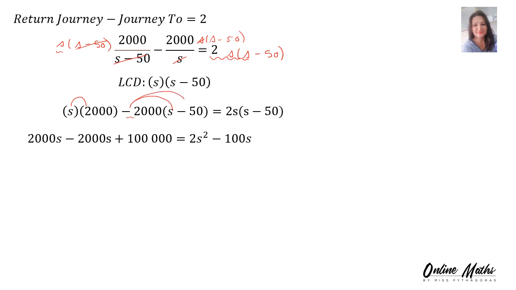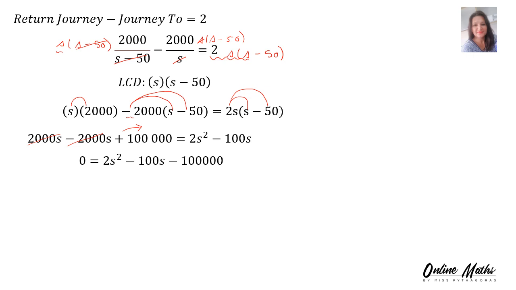And a minus times a minus is a plus. 2000 times 50 is 100,000, equals 2s times s is 2s squared, and 2s times negative 50 is negative 100s. And then in the next step, 2000s minus 2000s is nothing, and I am taking this 100,000 across to the other side, and it becomes minus 100,000.